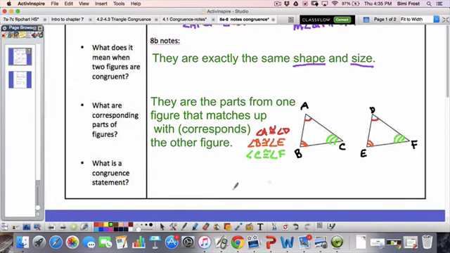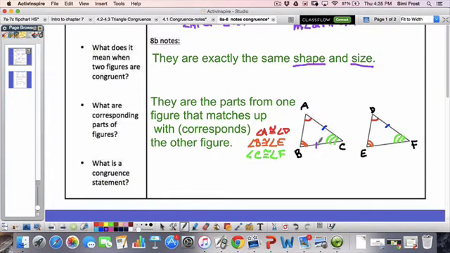Not only that, we'd also have all these sets of sides that correspond. So I would have the side AB corresponds with DF, and I'm not going to write all those statements out right now. BC is going to correspond with EF.